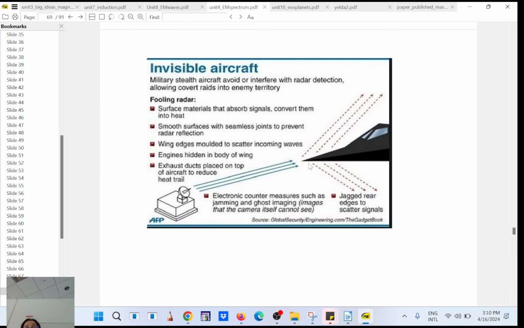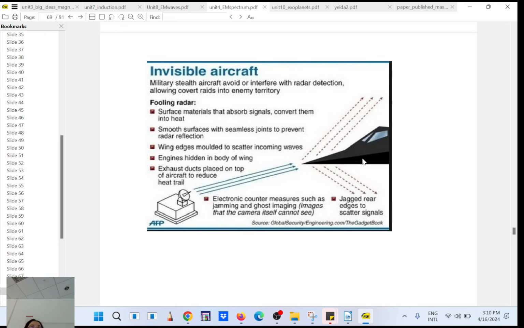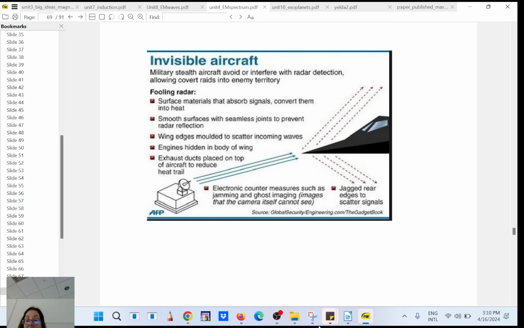It will bounce off, but in a different direction. So basically the airplane is invisible to the radar. That's why when you see those very weird military airplanes, they have this very weird angular shape. So this is called stealth technology.